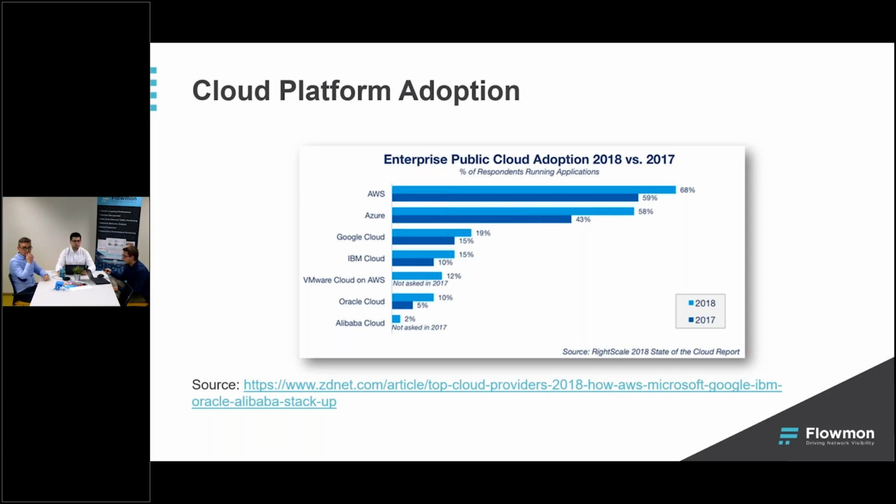You can see that clearly at the moment, Amazon Web Services is the biggest leader in enterprise public cloud adoption, and it's closely followed by Azure. Then, with some lead, there is Google Cloud, IBM Cloud, VMware Cloud on AWS, and others.